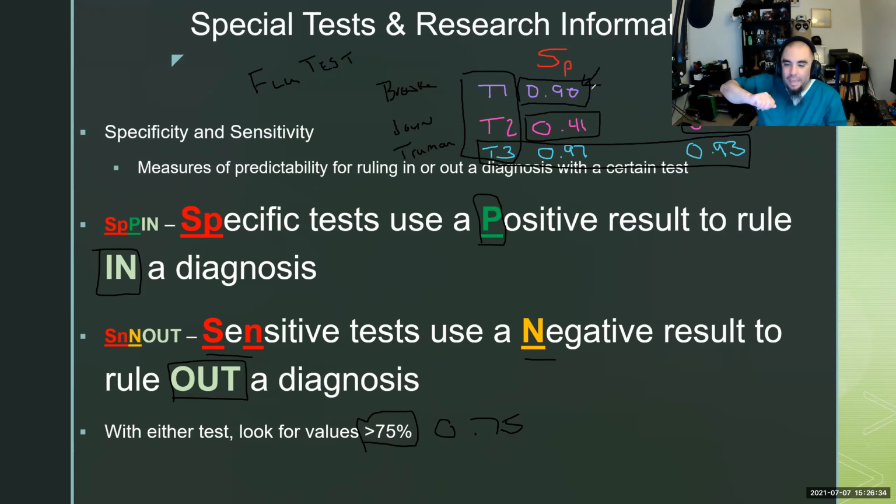If they scrape that and do the test on it, that test is very specific, meaning if it comes back positive, you have strep throat. If it comes back negative, you might have strep throat, but you might also have a fungal infection of the throat, because it's not a very sensitive test. So a specific test will rule a condition in, a sensitive test will rule a condition out.